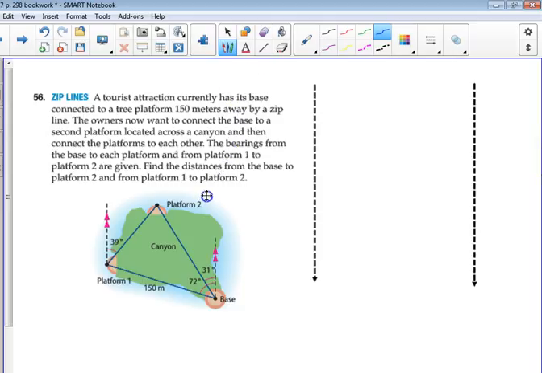A tourist attraction currently has its base connected to a tree platform 150 meters away by a zip line. The owners now want to connect the base to a second platform located across the canyon and then connect the platforms to each other. The bearings are on the picture.